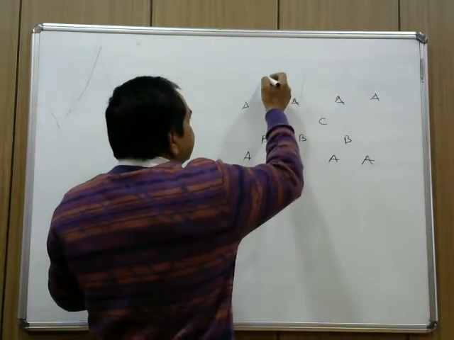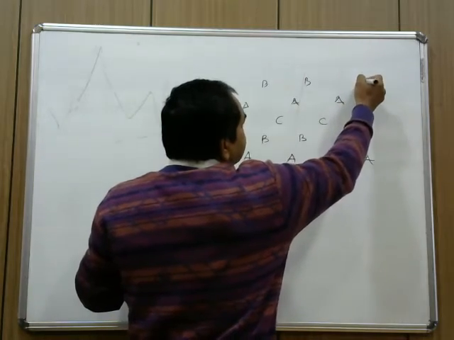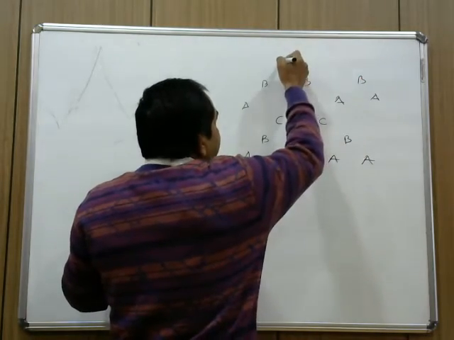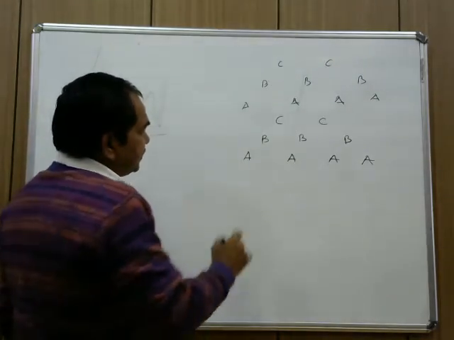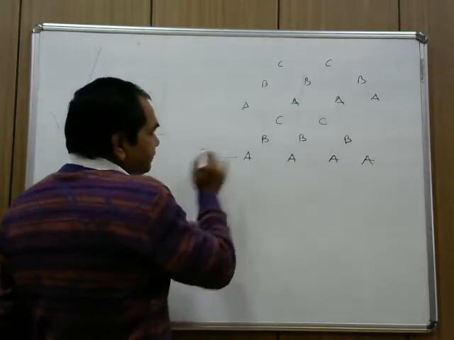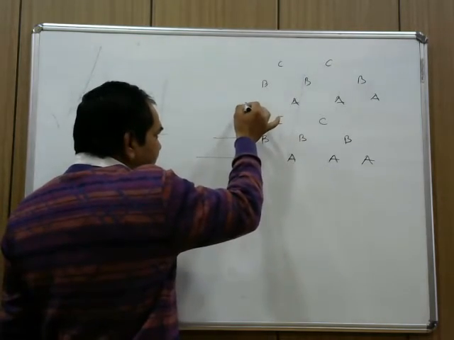Then B, B, B, and then we have C. So this is a different row, and this is also a different row.